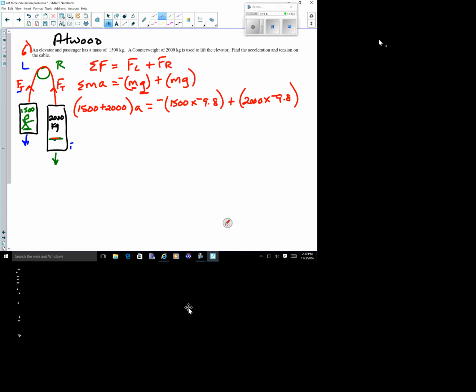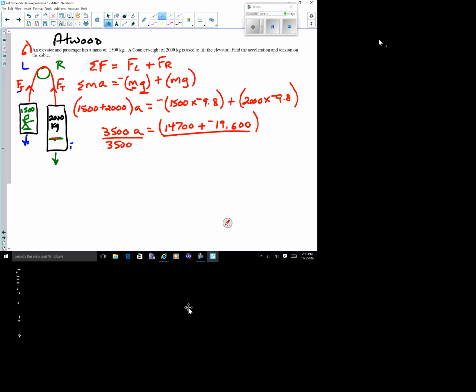And so when you do both sides here, you end up getting 3,500A equals this great big number over here, all put together, which is 14,700 plus a negative 19,600. And so now I'm going to divide both sides by 3,500.